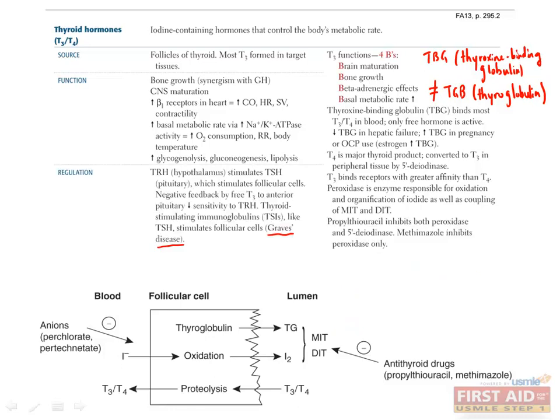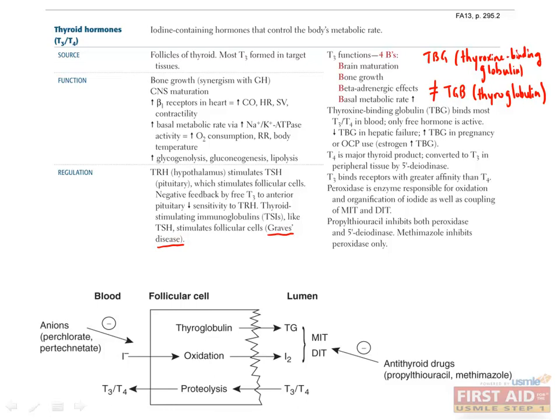Graves' disease is an autoimmune condition in which production of thyroid-stimulating immunoglobulin, or TSI, in large quantities stimulates follicular cells in a similar manner to TSH, resulting in hyperthyroidism. Two common antithyroid drugs used to treat hyperthyroidism are propylthiouracil, or PTU, and methimazole.